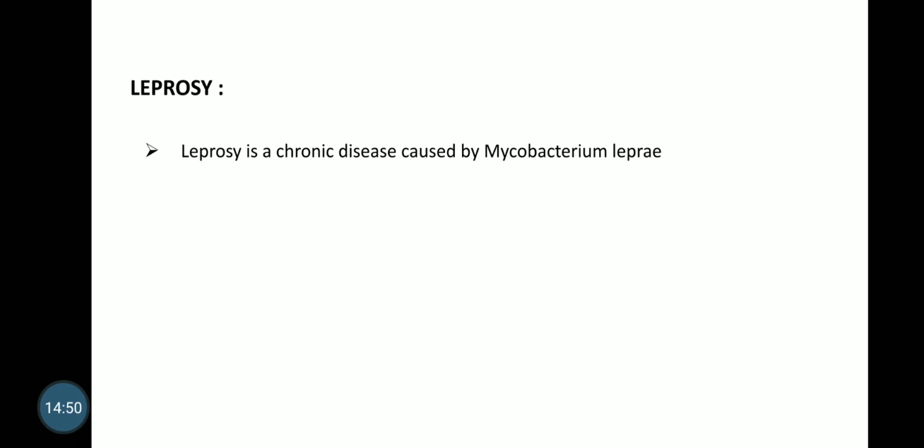These hypersensitive reactions are not occurring as a result of allergy to the drugs, but should be considered as an allergic reaction towards the metabolic products of Mycobacterium bacilli. Such reactions are known as Lepra reactions.